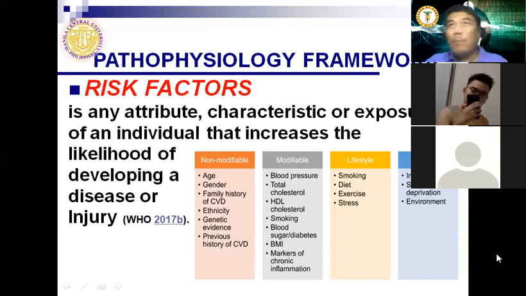So probably you may have your research in some of the books, or in your search engines, on what the risk factors of cardiovascular disorders are. All of that information could be enumerated, but again, not all those risk factors must be reflected in your pathophysiology.